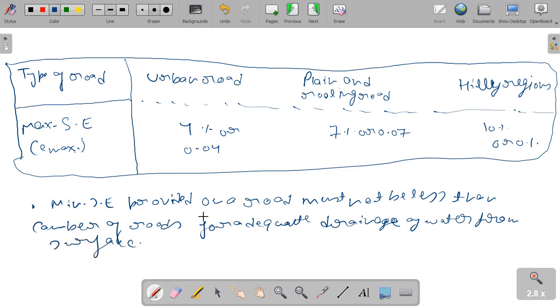So minimum super elevation must not be less than camber of roads for the sake of drainage of water from the surface.